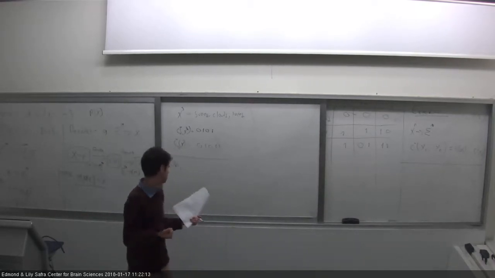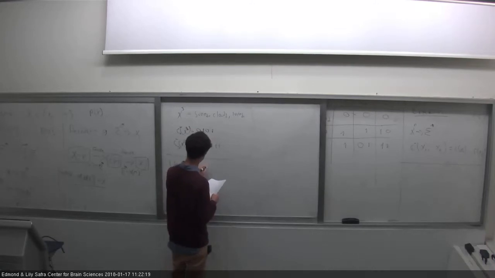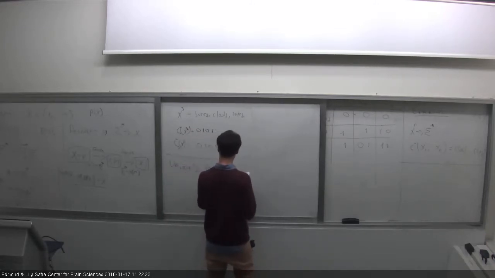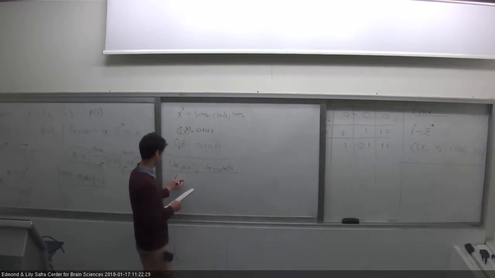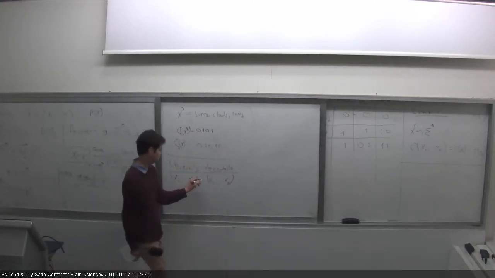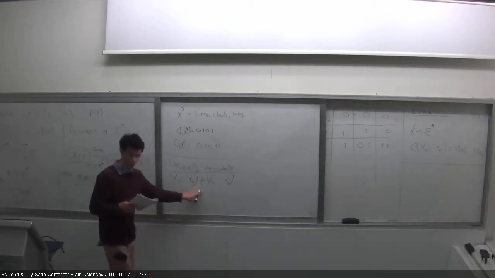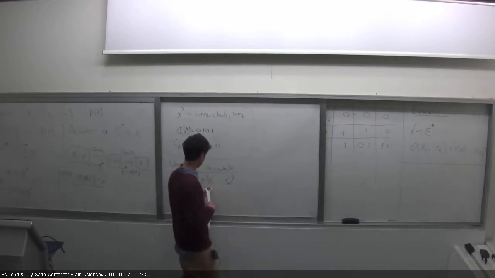So we say that a code is uniquely decodable if, for x1 to xn, some message, and x prime 1 to x prime n, if they are not equal, then c of x1 to xn is also different.